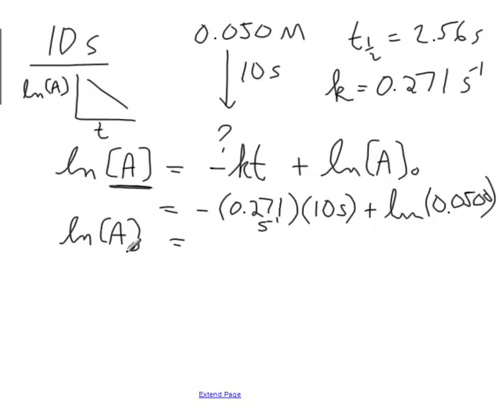Make sure you're using natural log, not the normal log. You get negative 5.706. So I'll keep an extra digit or so. Double check your work. Negative 0.271 times 10 plus the natural log of 0.05 equals.